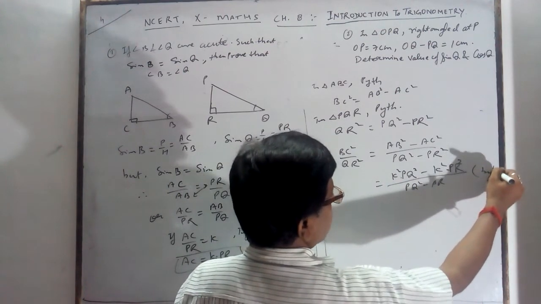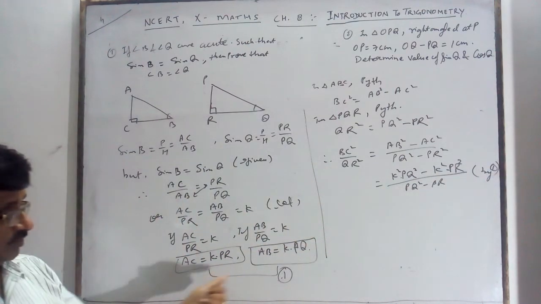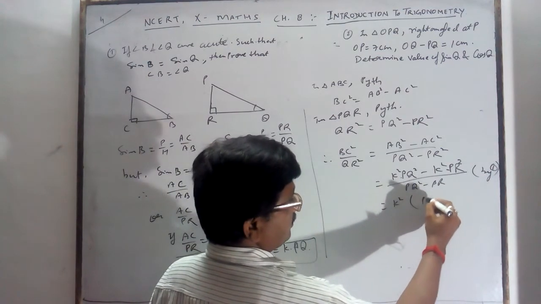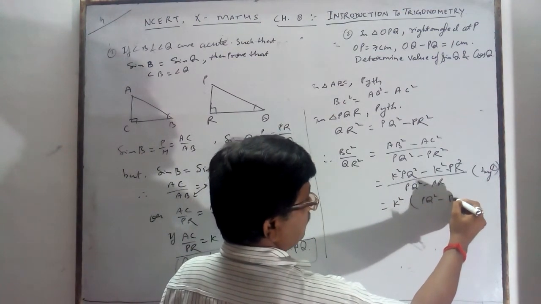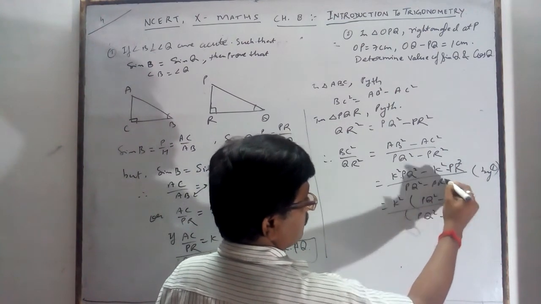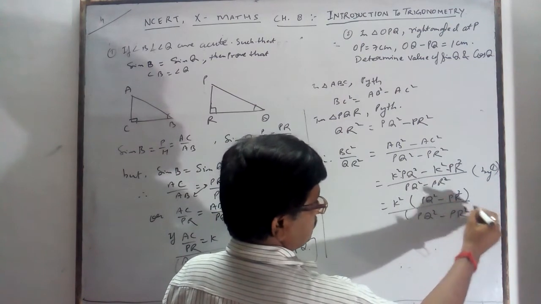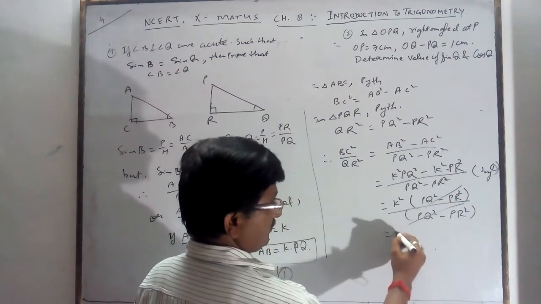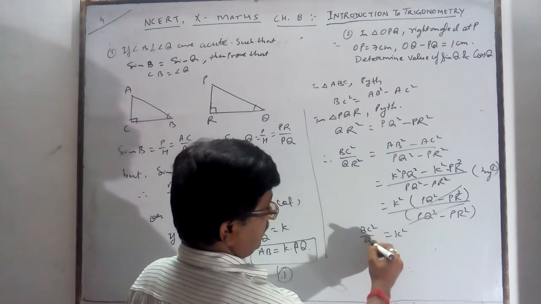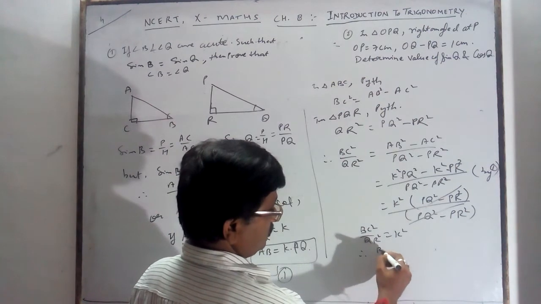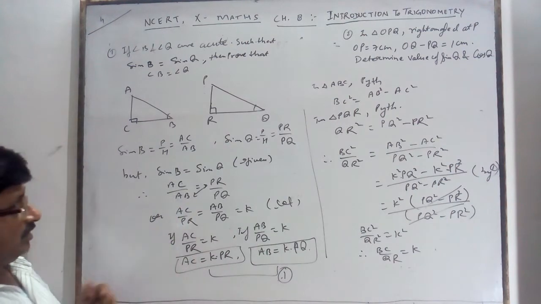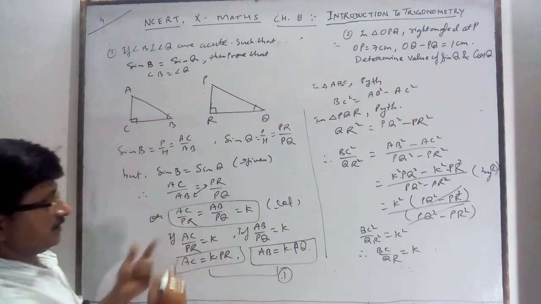K square is common, so PQ square minus PR square in the numerator and the denominator are the same and both will cancel. It is equal to K square. So BC square upon QR square is equal to K square, so BC upon QR is also equal to K.